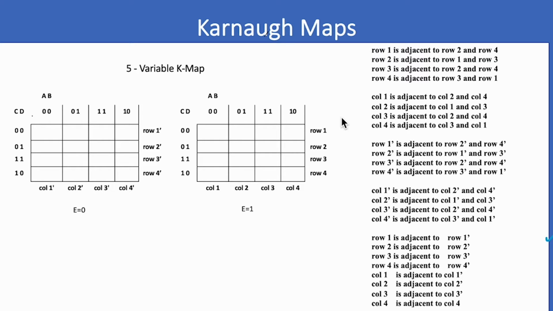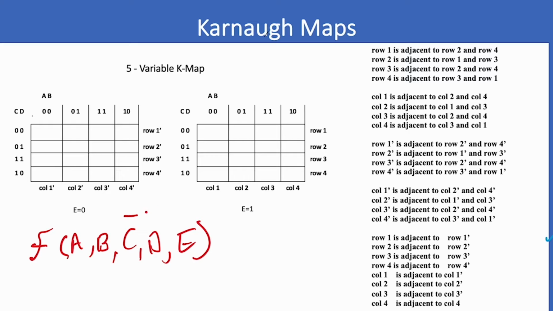Okay, let's look at a 5-variable map. What does 5 variables mean? We have a function of 5 variables. In this case, we have A, B, C, D, and E. We have 2 4-variable maps. These 2 right here.